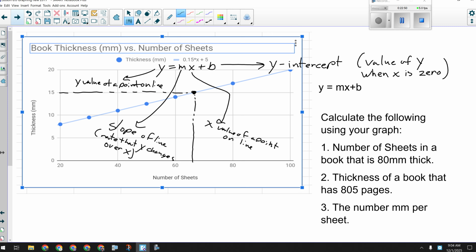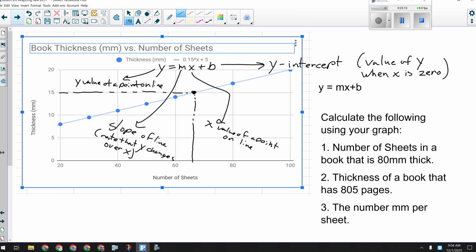All right, m, the slope. Slope's probably the most important part of that equation. It tells you numerically the relationship between your manipulated variable and your responding variable. Here I wrote it's the slope of the line, it's the rate y changes over x.